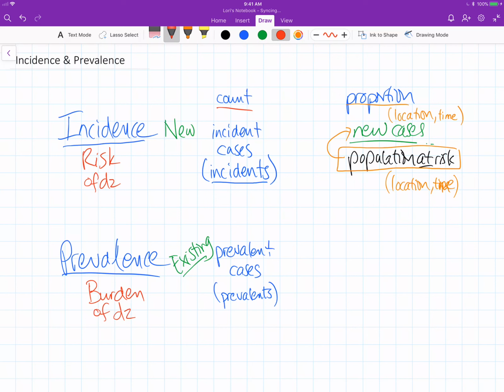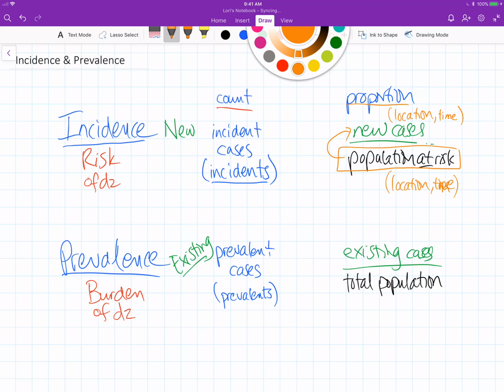Now, if we're thinking about that in terms of a proportion, then here we have our existing cases, and that's divided by, and this is a different denominator, sorry, the total population. Again, for a specific location and time.